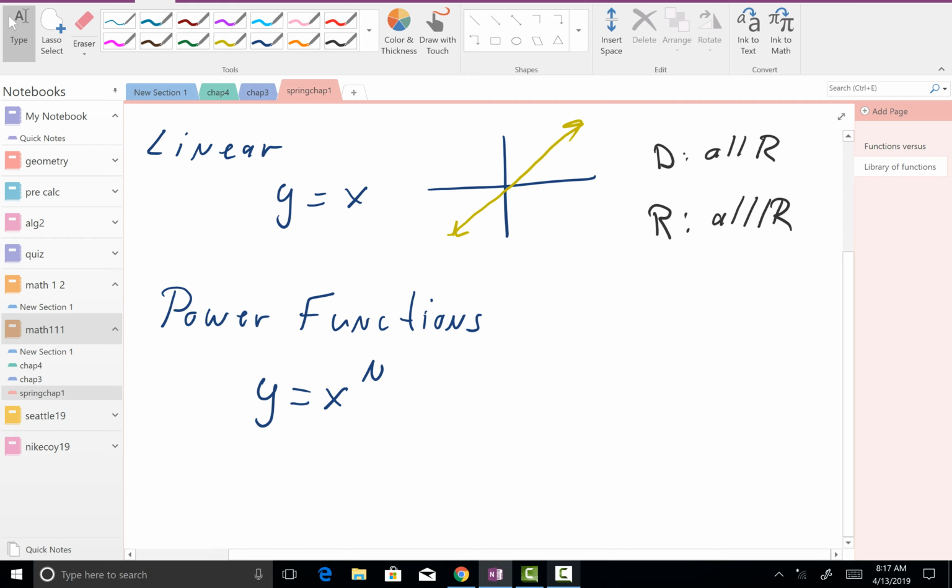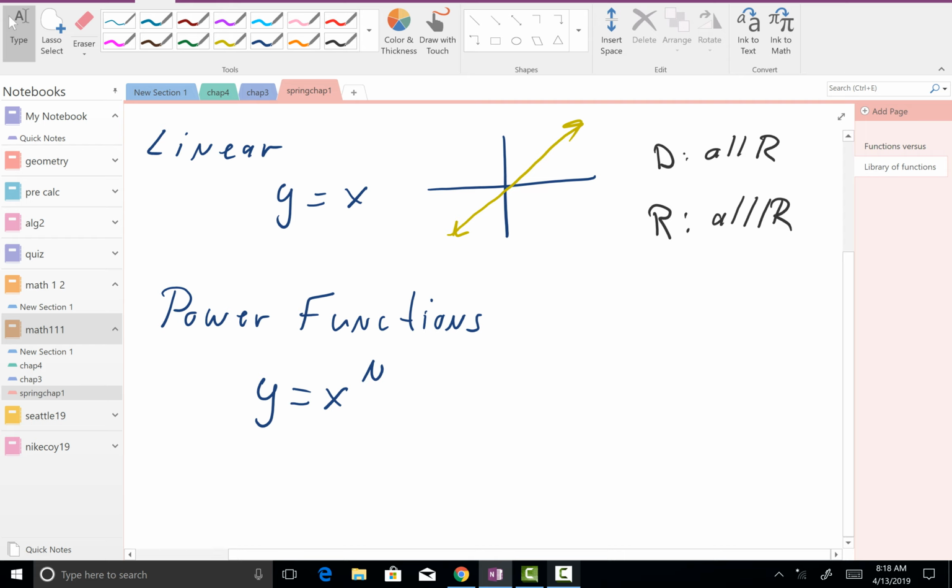It says to add a slider, so I'm going to go ahead and do that. Now I'm going to change this a little bit. I'll go from 0 to about 6, and we'll just go by ones.